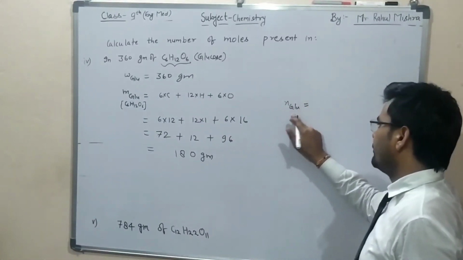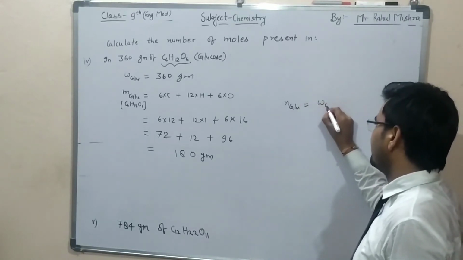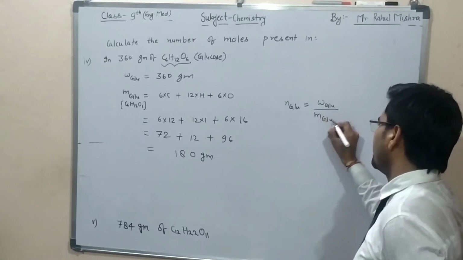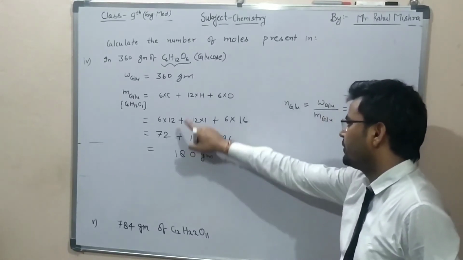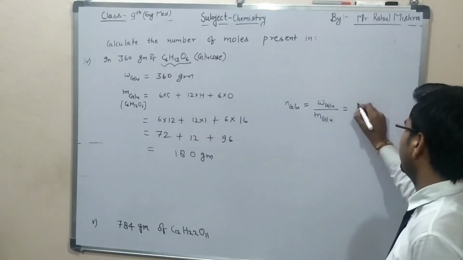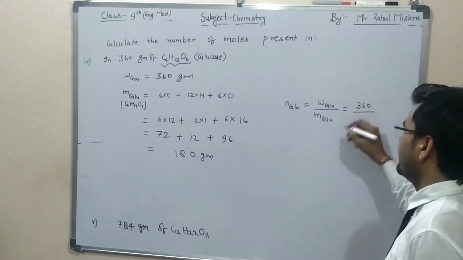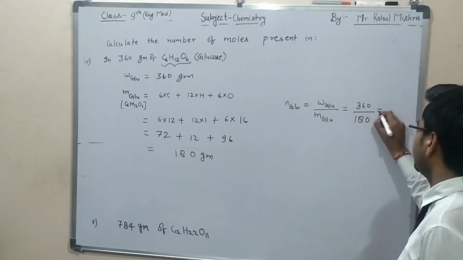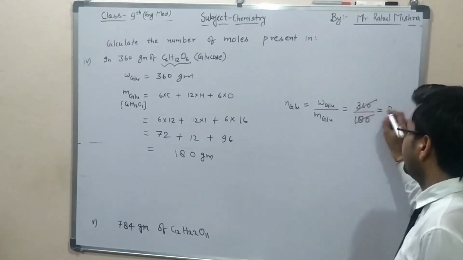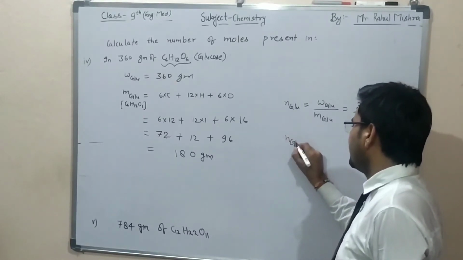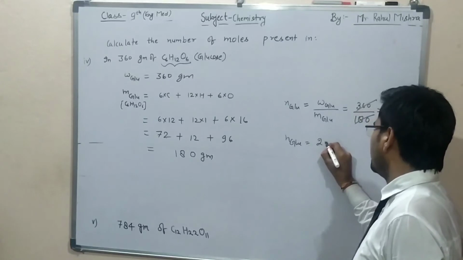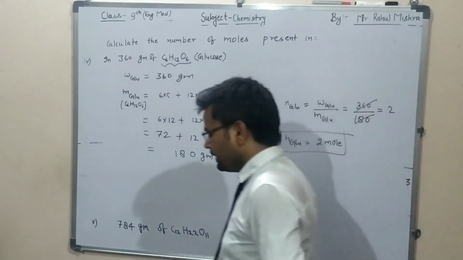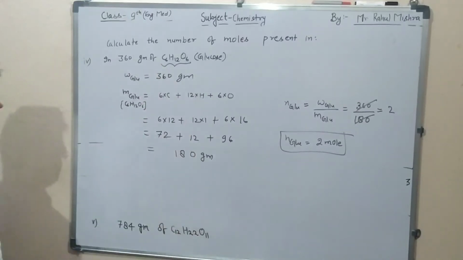Number of moles of glucose is equal to given mass of glucose upon molecular mass of glucose. So 360 divided by 180 is equal to 2. So the number of moles present in glucose is 2 mole. This will be your answer. So all of you note it down.